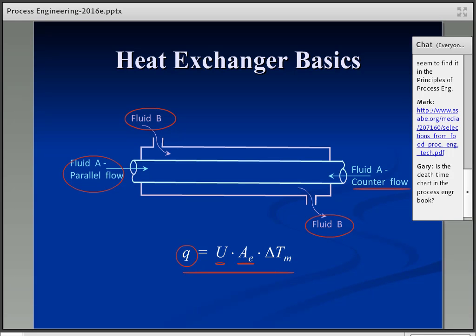There's a certain amount of area there, effective area, and then whatever the mean temperature difference is across the two sides of the exchanger. Based on heat transfer analysis, it is a very obvious statement: whatever your heat transfer coefficient is, times the area in that exchanger, times whatever the average temperature difference is. That's the basic equation.